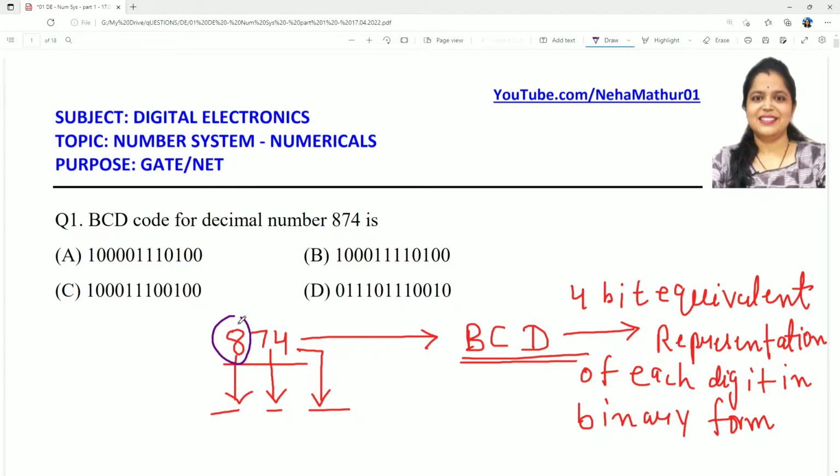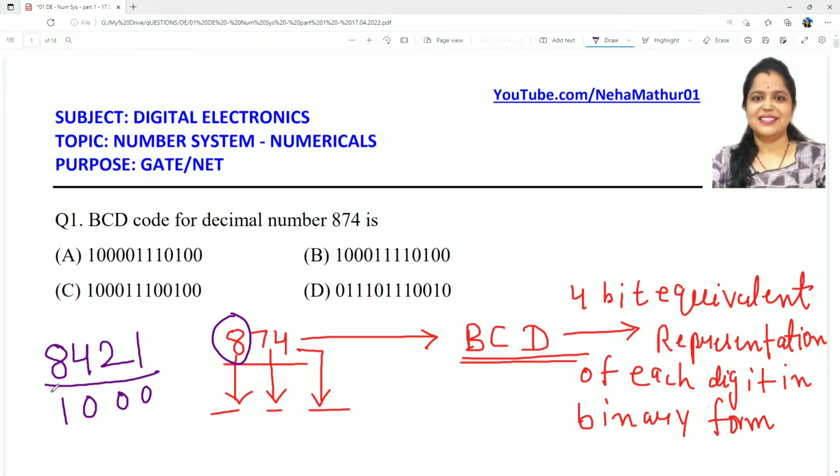Just an example, to find the BCD representation of the very first digit, which is 8, you can take help of the short trick method, which is 8421. A simple method to find the 4-bit representation is 8421. Now for the 8, the 4-bit binary representation is 1000.